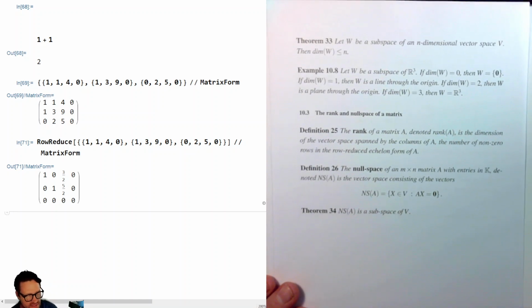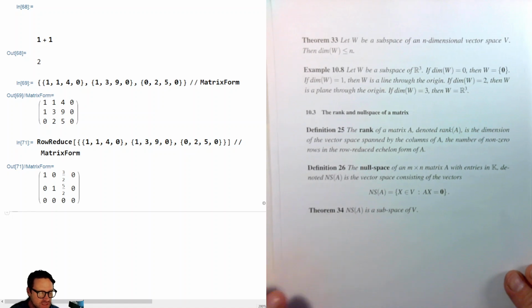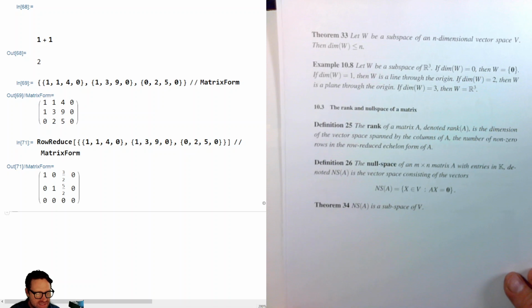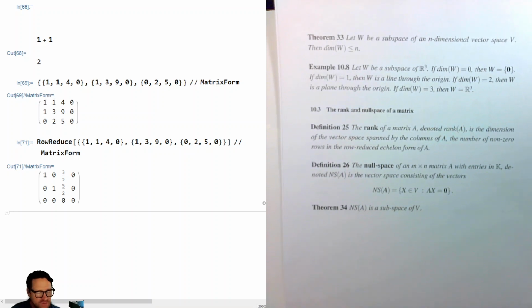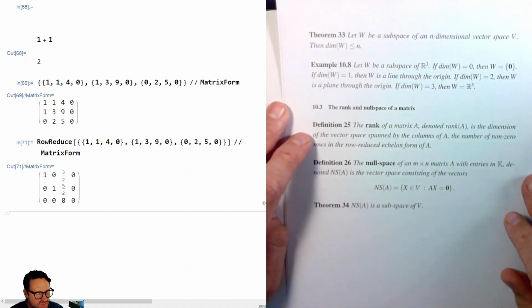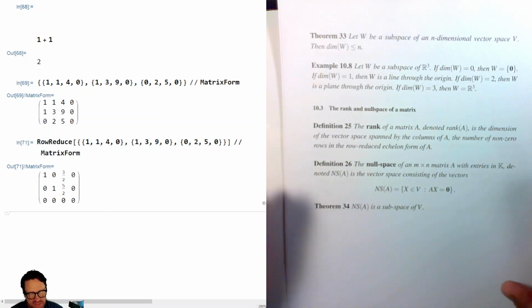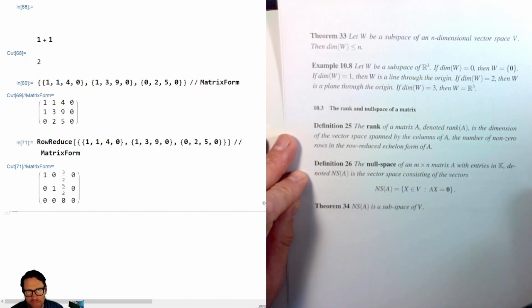Theorem 33. Let W be a subspace of an n-dimensional vector space V. Then the dimension of W is less than or equal to n. Right, so you can think of 3 space, for example. If you have a subspace of 3 space, say a collection of vectors that are all parallel to a given plane in 3 space.